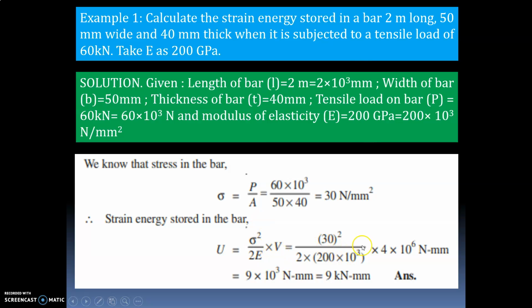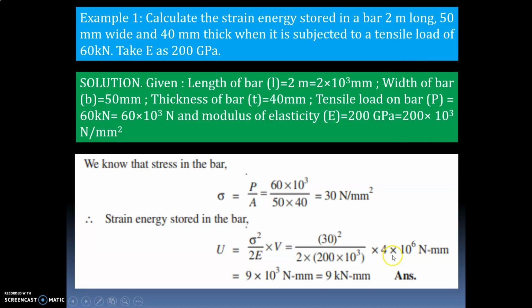Sigma is 30, so 30 square divided by 2 into E, which is 200 into 10 raised to 3, into volume. Volume is area into length, that is 50 into 40 into 2 meter, 2 into 10 raised to 3. You get 4 into 10 raised to 6. Why? Because 5 into 4 into 2, correct?